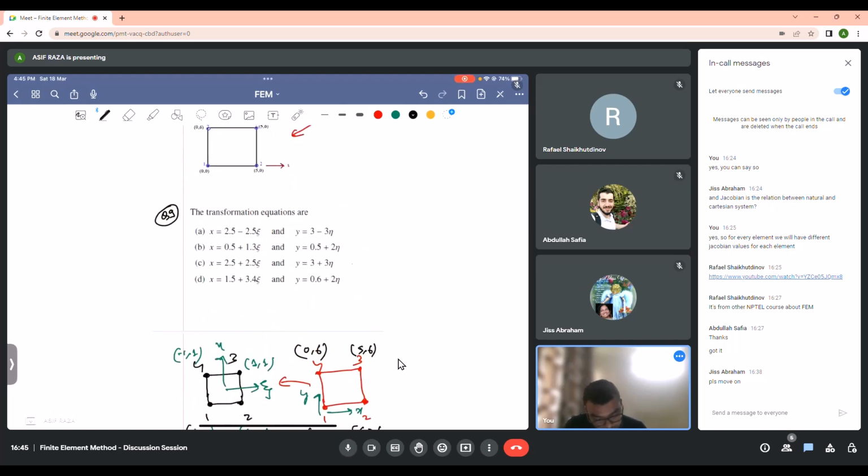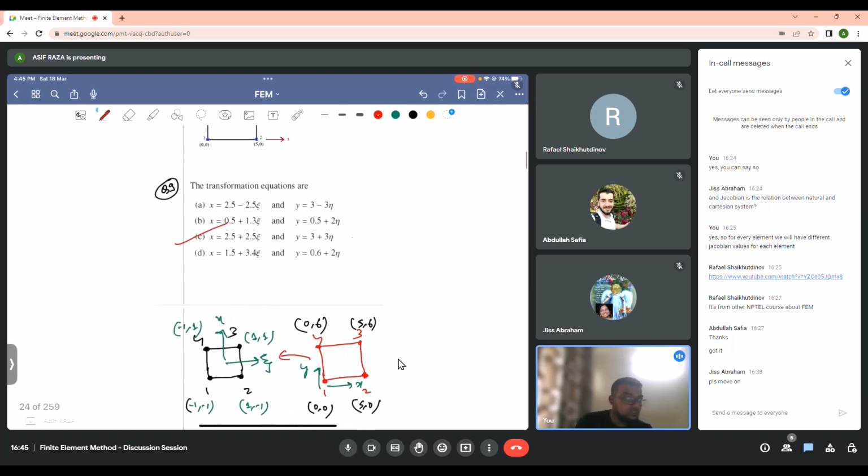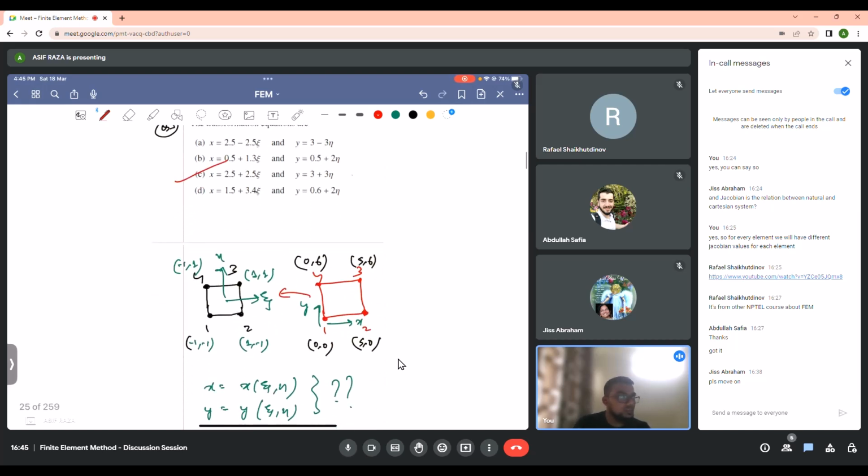So with that we are getting our answer as option C. I hope you see that what I have done is my xy coordinate system is perfectly aligned with my nodal coordinate system.